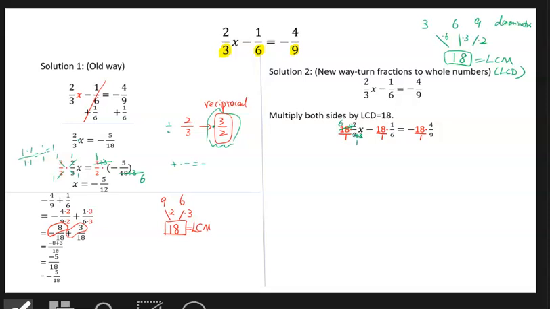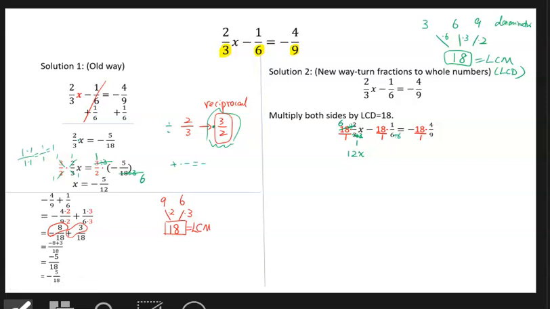And now we're going to multiply straight across. 6 times 2 is 12, and there's an x we bring down. And the bottom, because 3 is reduced to 1, we have 1 times 1, which is 1. And anything divided by 1 is itself. So 12x divided by 1 is going to be 12x. So that bottom one, we can just omit it.